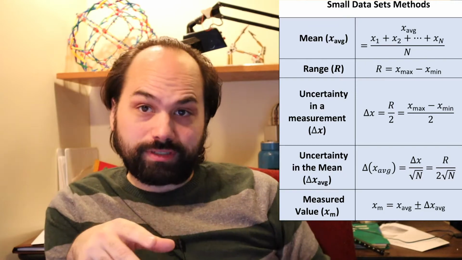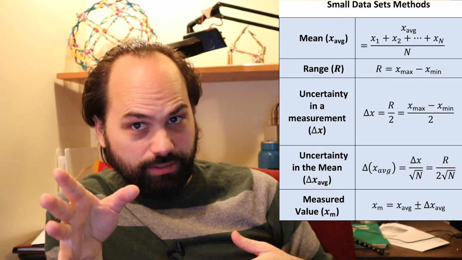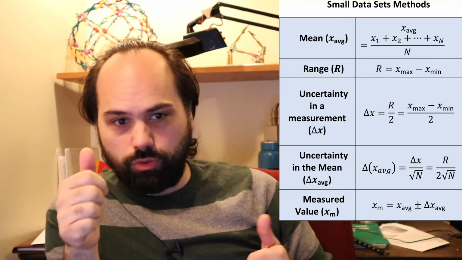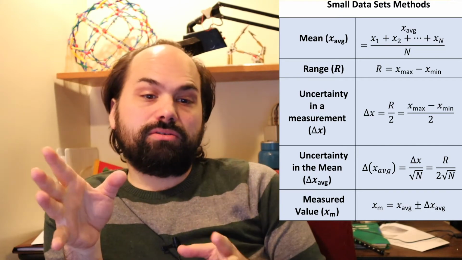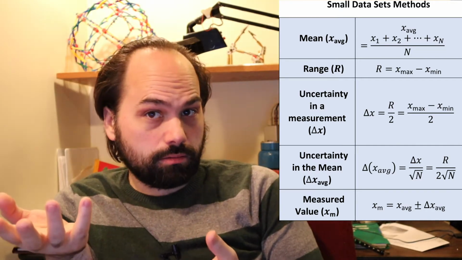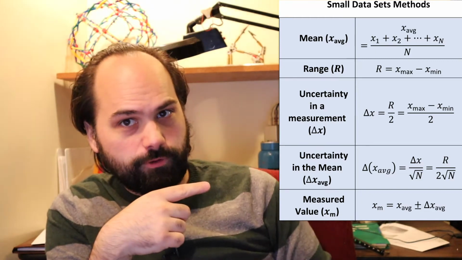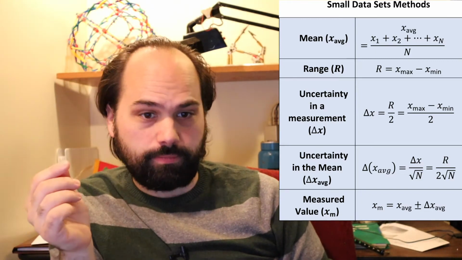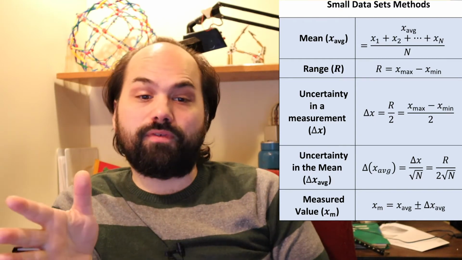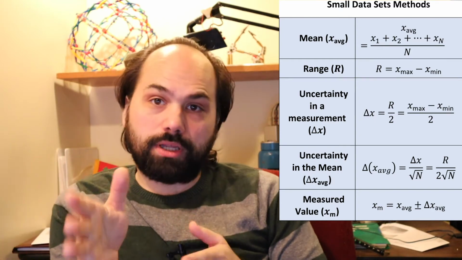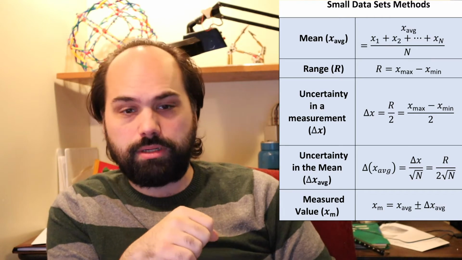And our uncertainty in a measurement is half that range. Now the uncertainty in the mean, in that average, looks a little bit funnier. It looks like this, right? We have that square root of n in there, which means our measured value is our average plus or minus our uncertainty in the mean.